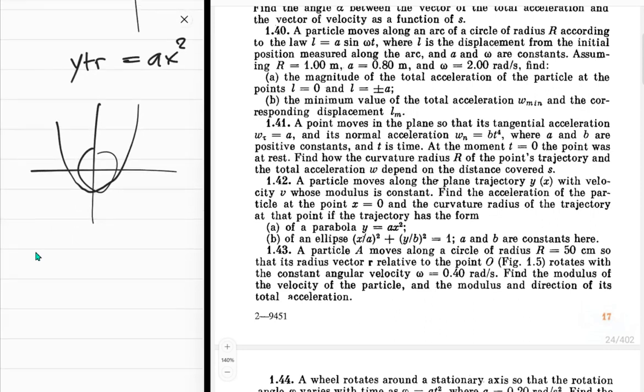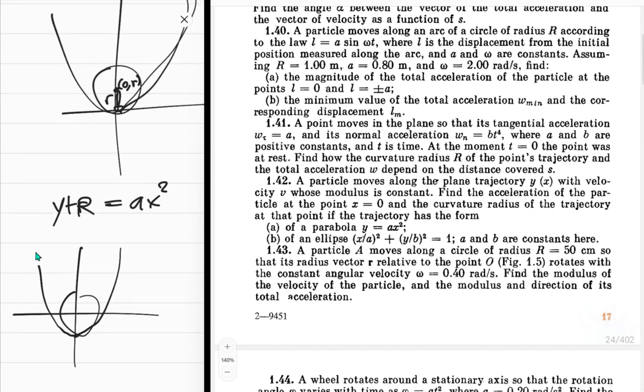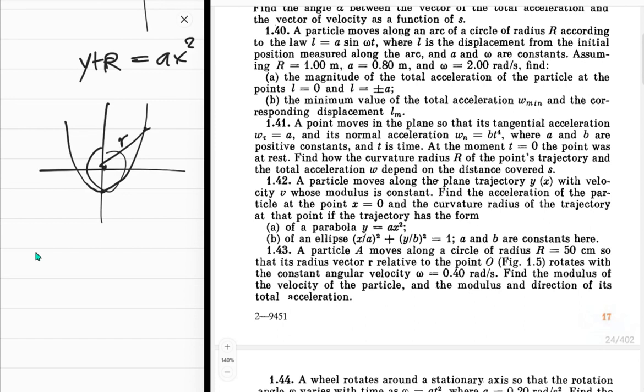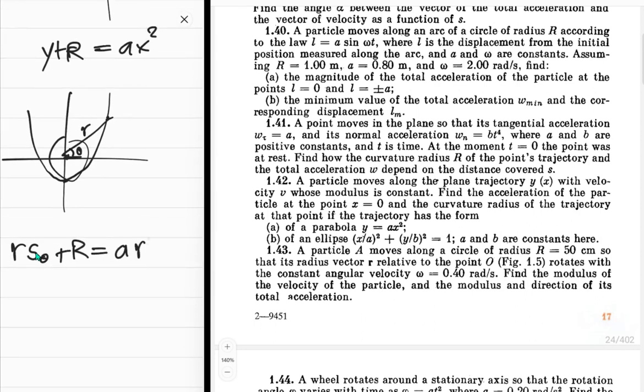So in polar coordinates, you can just write x and y as, so let's call this capital R, and this is the general radius small r. So you will have r sine theta, where theta is of course this angle, and that plus capital R is equal to a r squared cosine squared theta, right? That's what this parabola is like.